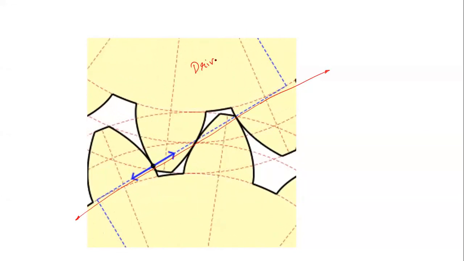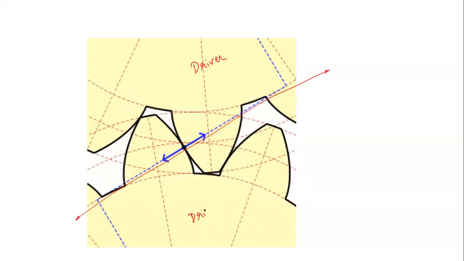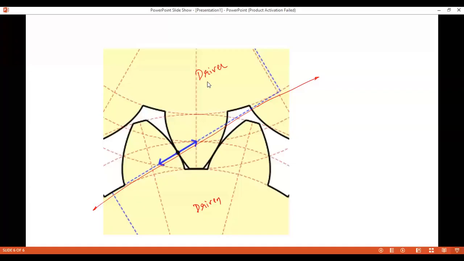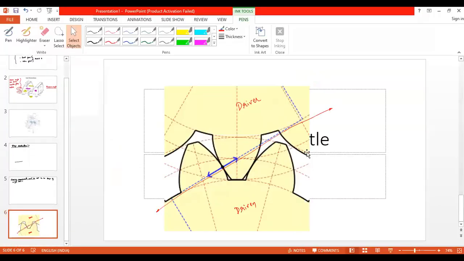Okay, this is the driver gear, and this is the driven gear. So this is the driver and this is the driven. This point is known as the pitch point. Oh, sorry, it is a point of contact.